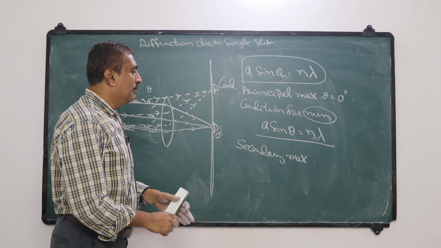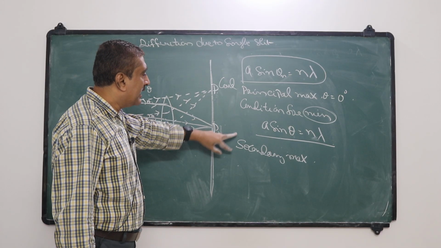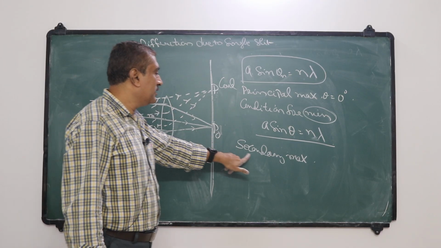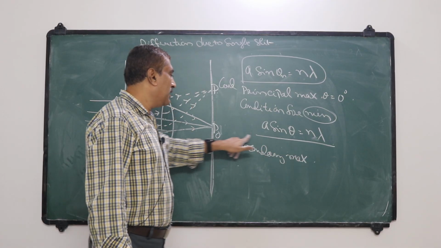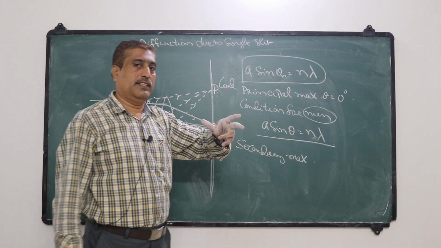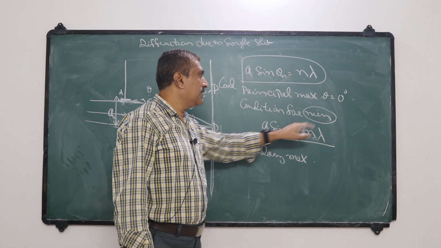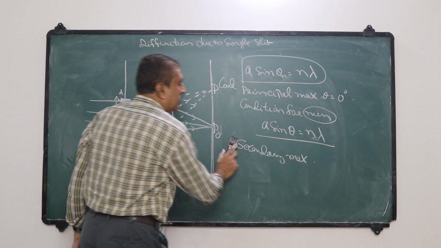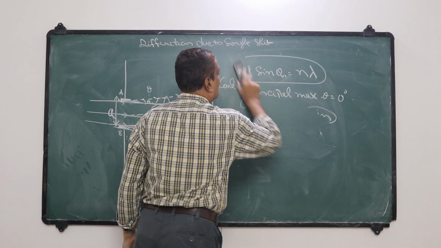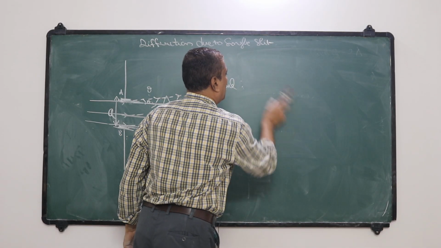That maximum is called the secondary maximum, and that exists in between the minimums. Now let us calculate the condition for secondary maximums.